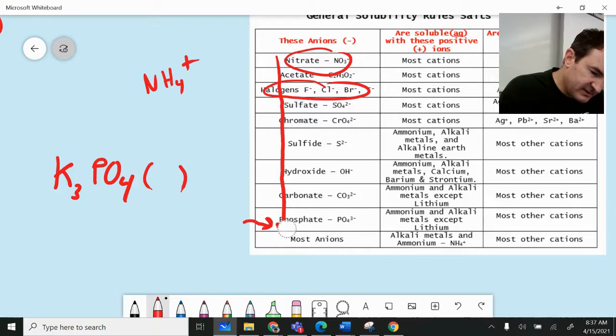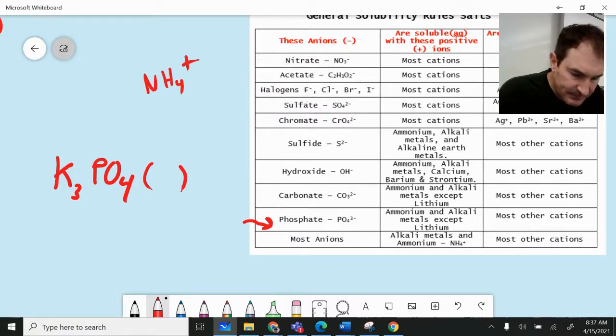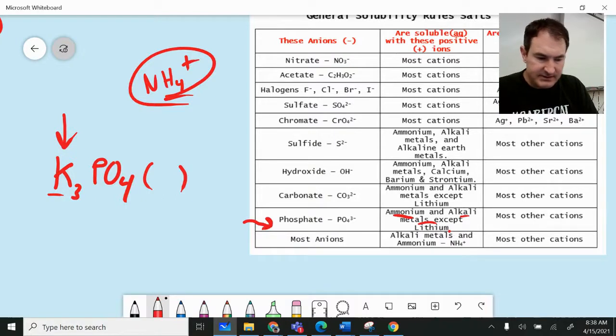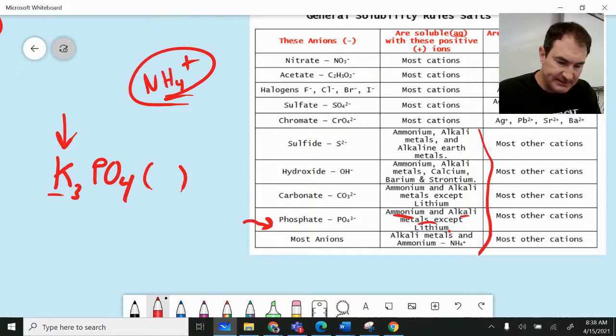Let me erase some of my sketching here. We've got phosphate here. Now we need to find, we have potassium, K. Ammonium, nope. That's this up here, right? And that's not potassium. Alkali metals, except lithium. Now, potassium is an alkali metal. It's in the first group. So you have to remember what are alkali metals and what are alkaline earth metals, because those terms are used in here, right?